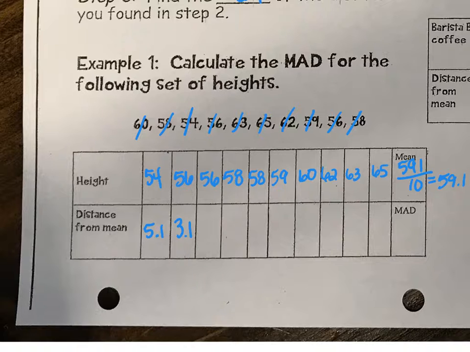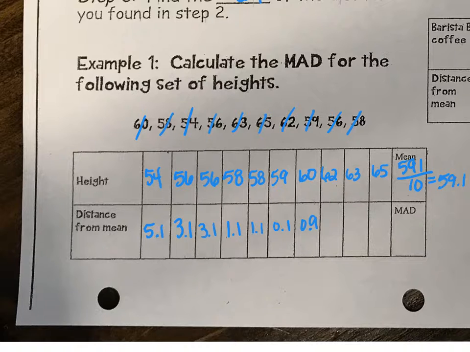Then same thing, this is going to be exactly the same because it's the same number. 58 is going to be 1.1. 58, 1.1. 59, 0.1. Do you see where I'm getting this? Okay, so 60 is going to be 0.9. It doesn't matter, it's just how far it is from that number that we're looking at.